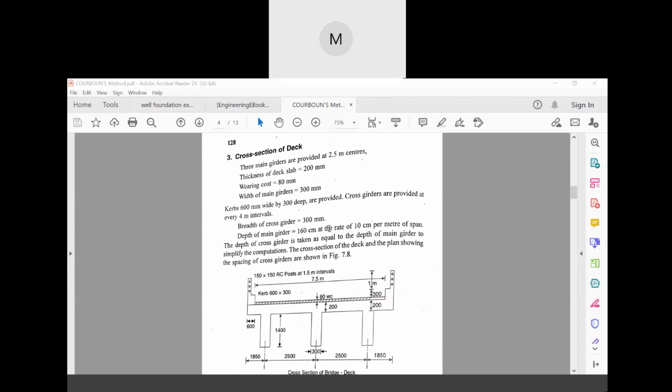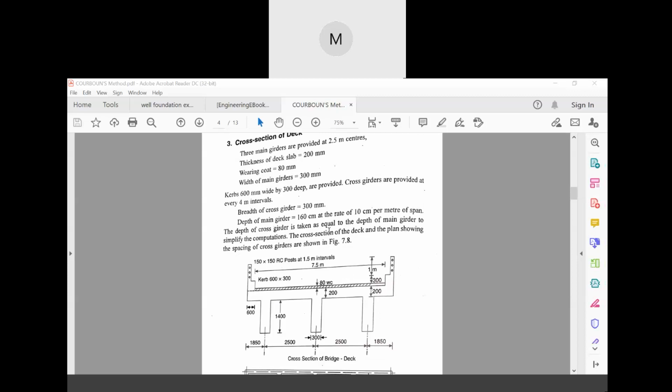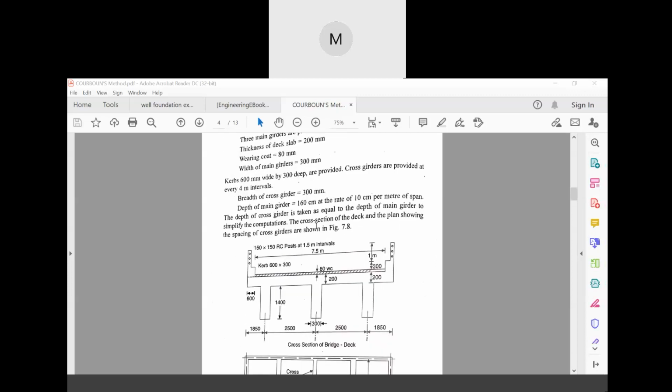Now the depth of main girder is equal to what? Most of the data you will have to assume.